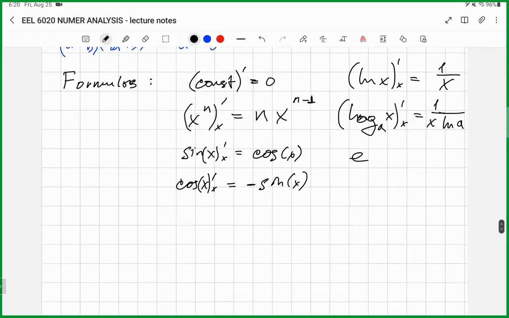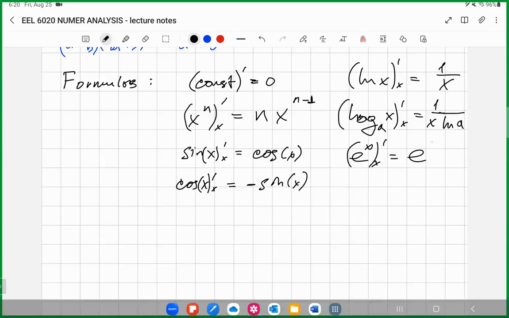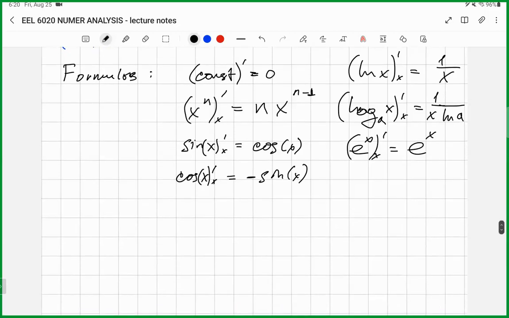What else? Of course, the exponential function e to the power of x, its derivative by x gives you just e to the power of x, which is very nice, particularly for electrical engineering, because as we will see soon, many quantities can quite often be represented as an exponential function, and then all the differential equations that contain these derivatives get simplified very strongly.